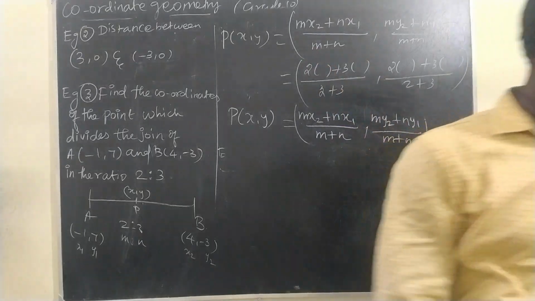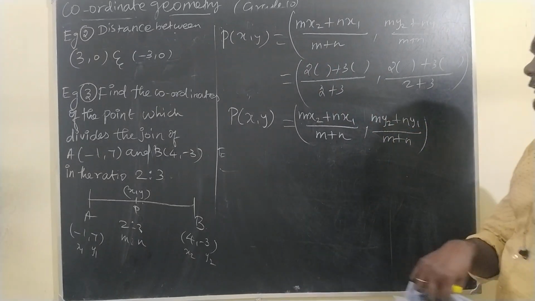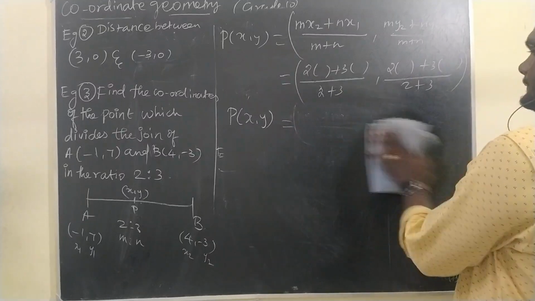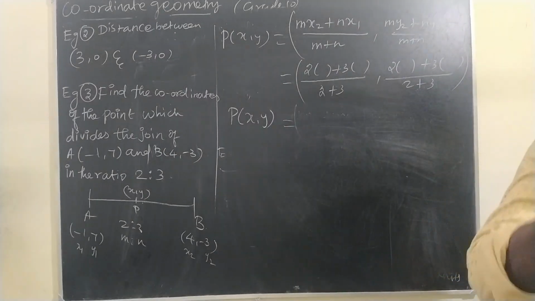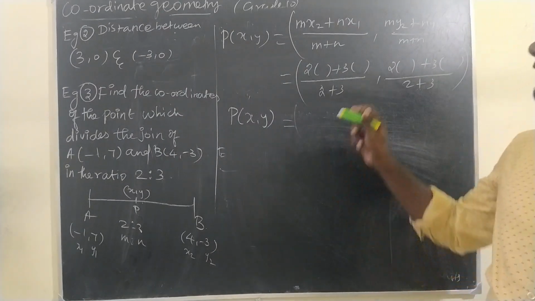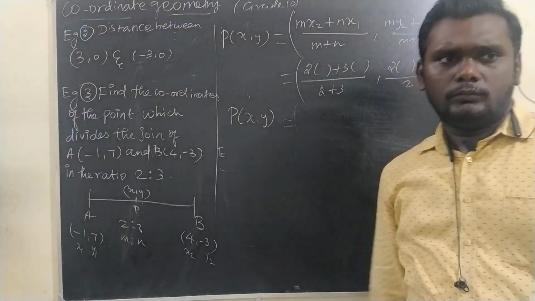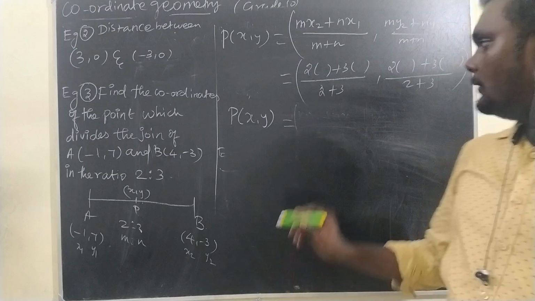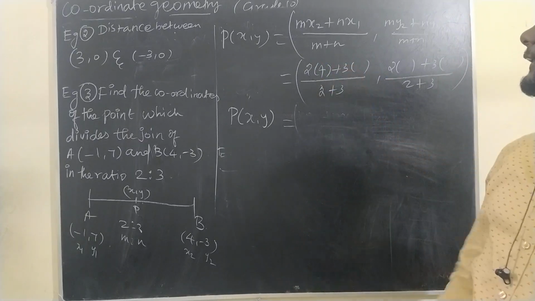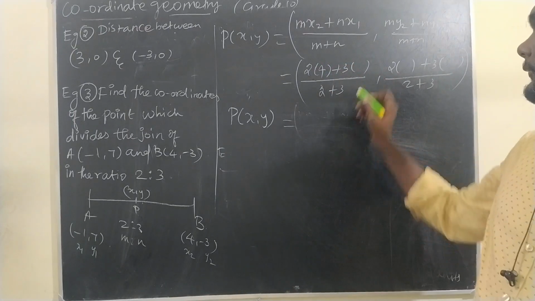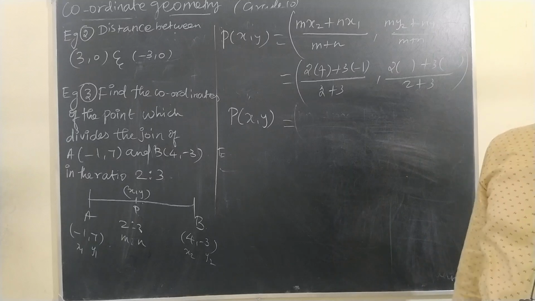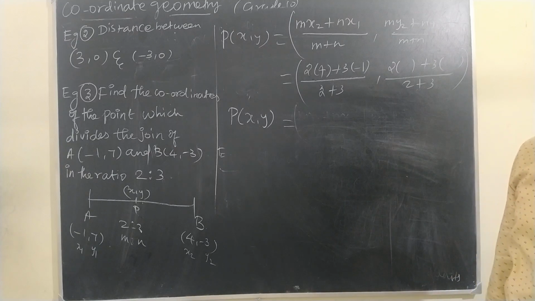Now what has to be substituted? Only x2, x1. Distance formula, we first notice the x2 only. Where is x2? Is this x2? This is x2. 4. Where is x1? Minus 1. Okay. Next y2.